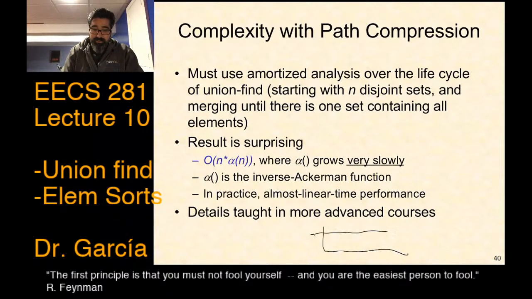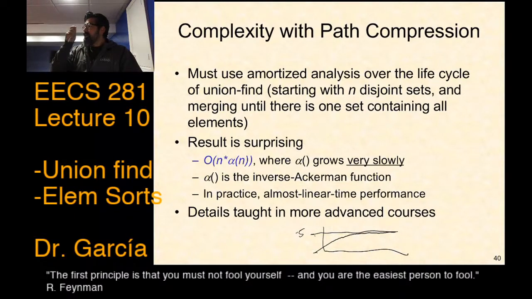So I think that's 5, but don't quote me on it. The point is, it's a constant. And so basically it's just asymptotically going to tend towards 5 and never get above 5. Okay, so this means that every single either union or find operation is going to be roughly constant time.